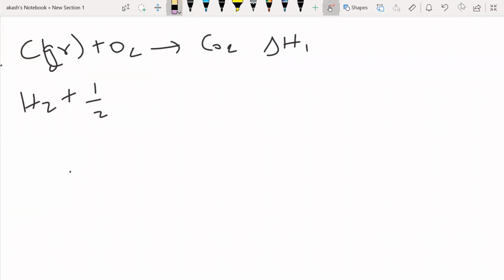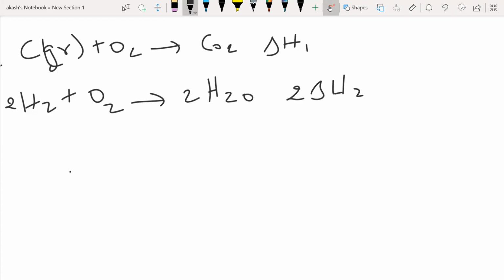So I'll rewrite this as 2H2 plus O2 gives 2H2O, right? And it will be 2 delta H2, whatever the number was multiplied by 2.